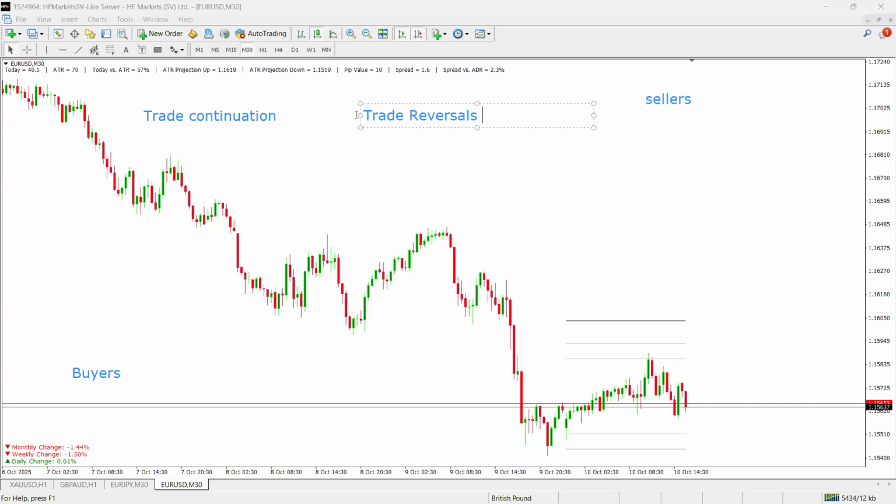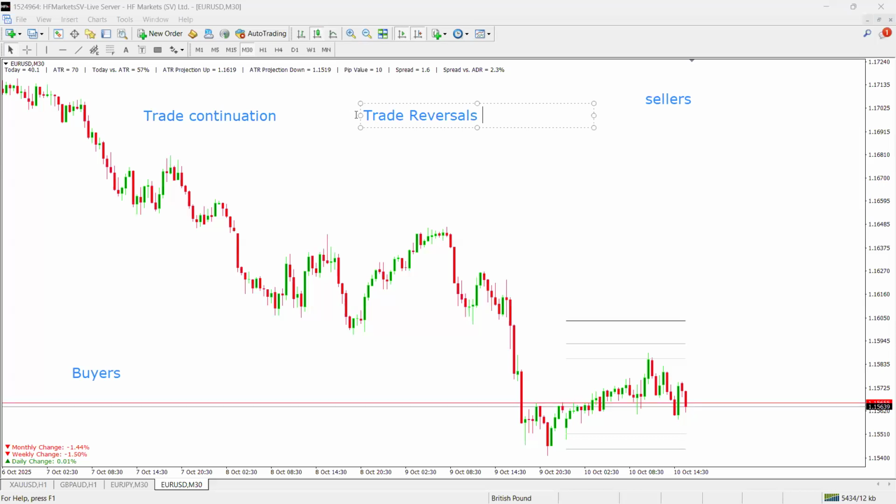And on the other side, I could also use it to understand if I need to switch my attention from buying to selling, or from selling back to buying. So, like I said, it can be for either trade continuations in line with what you already perceive about a particular market, or it could be that you need to alter your trade direction in terms of reversals.